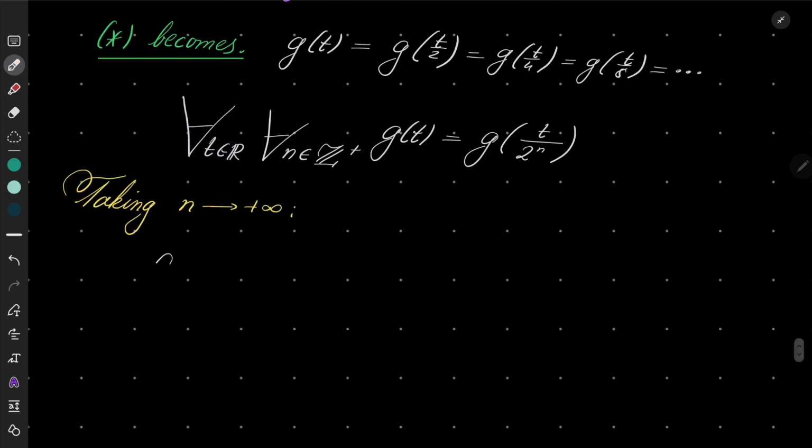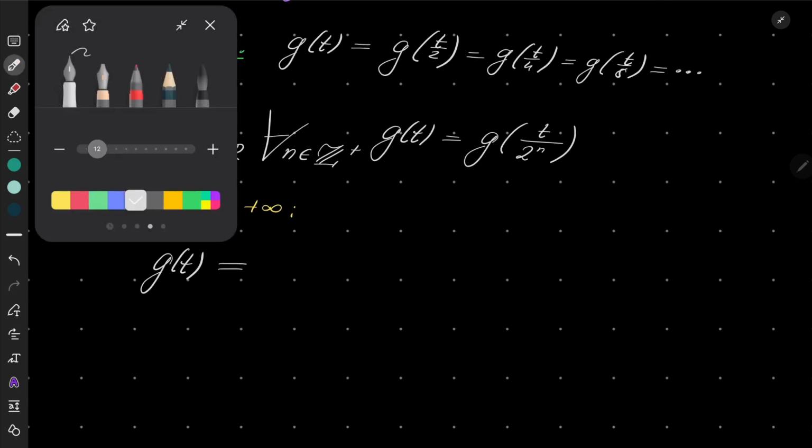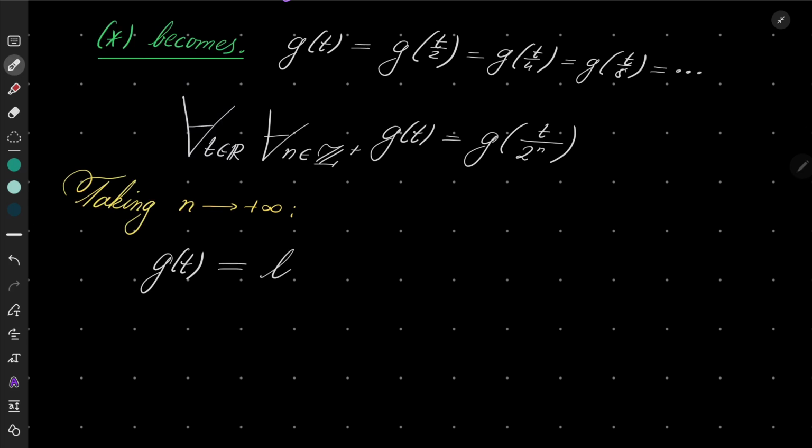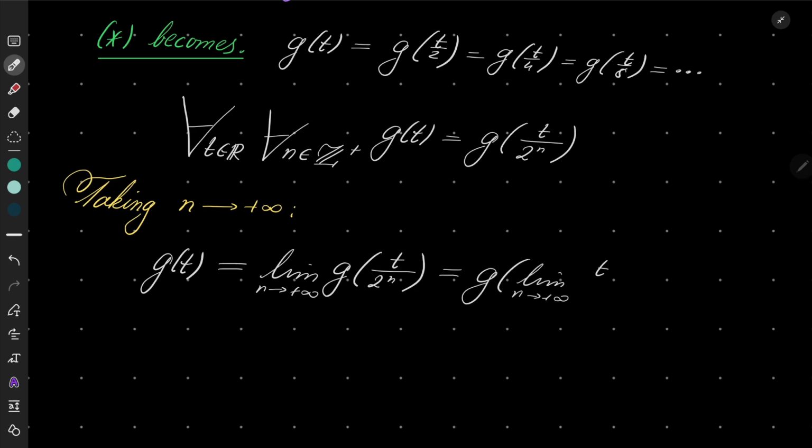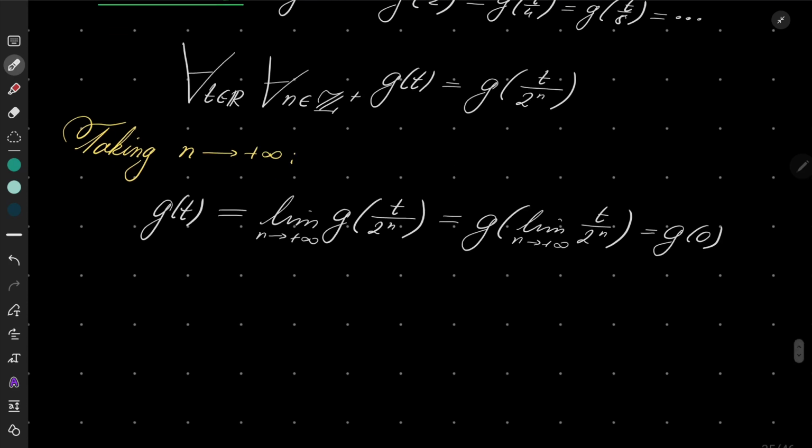G of t, the very same g of t, equals what exactly? Equals the limit as n goes to infinity of g of t over 2 to the power of n, and now by continuity it can be written as that. And notice that for any fixed t, this number is just 0, so it's g of 0. And g of 0, what is g of 0?